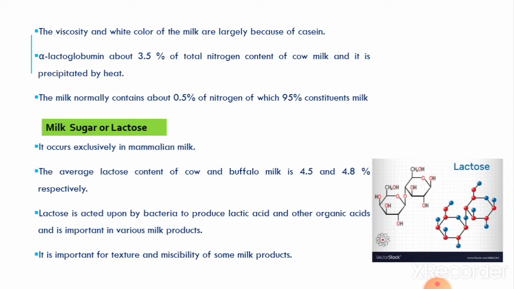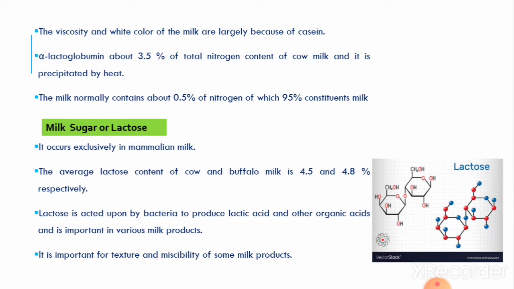Alpha lactoglobulin is about 3.5% of total nitrogen content of cow milk, and it is precipitated by heat.